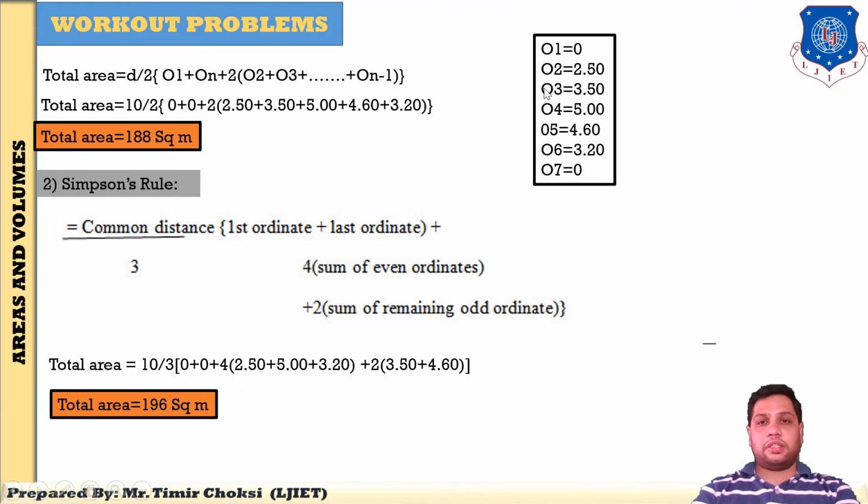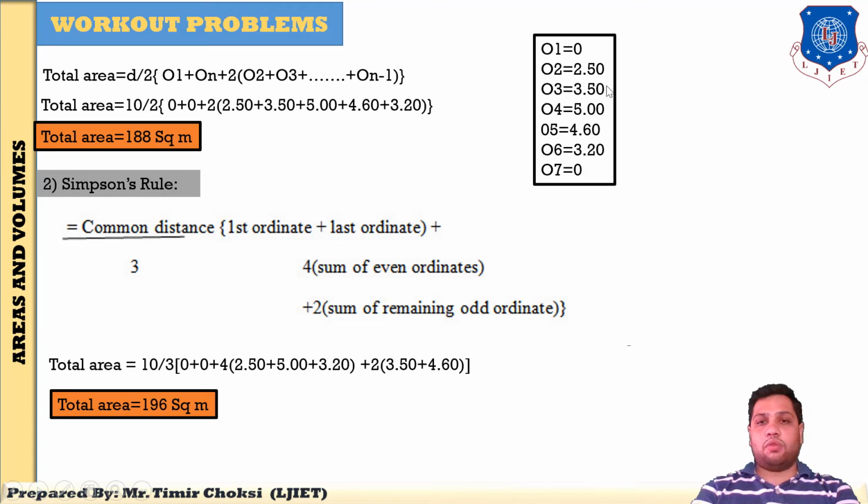Which are the odd ordinates? O3 and O5; O1 and O7 you have already taken. So the total area is 10 by 3, 0 plus 0 first ordinate plus last ordinate, plus 4 in bracket sum of even ordinates, plus 2 in bracket sum of odd ordinates.